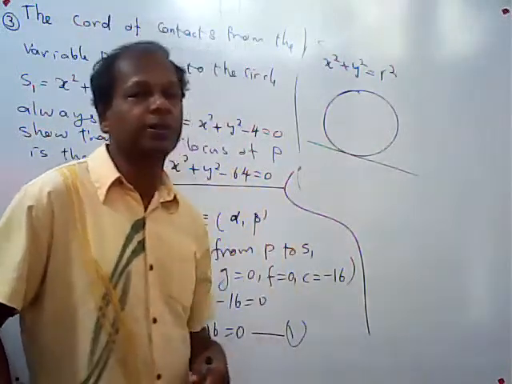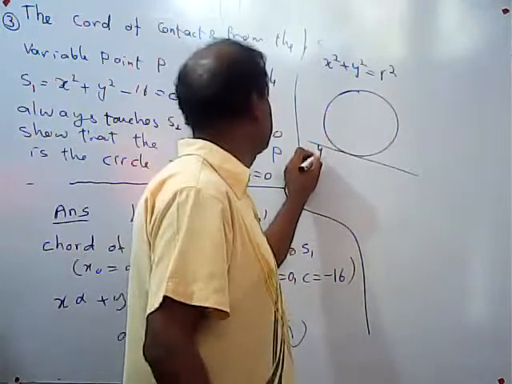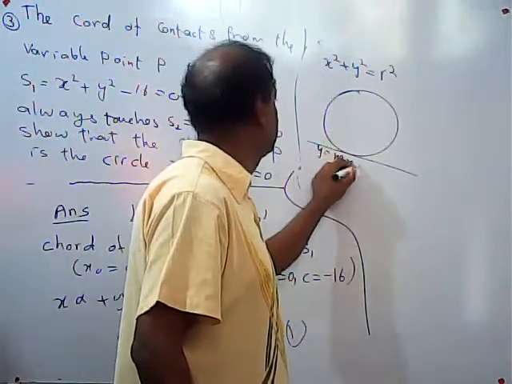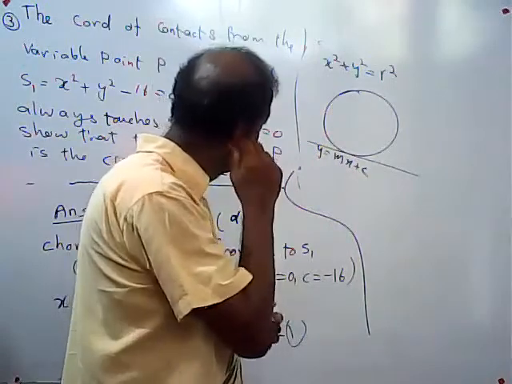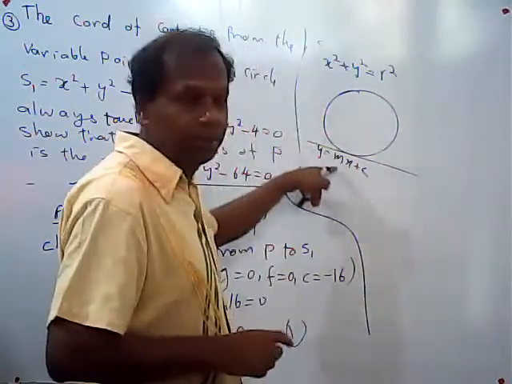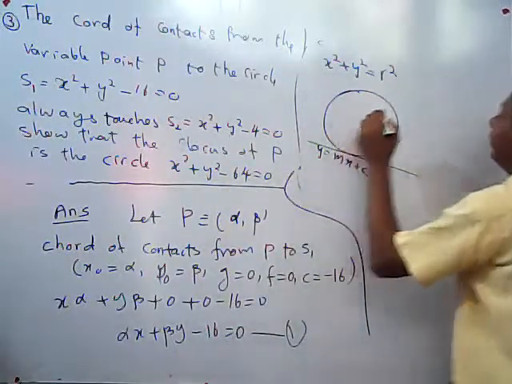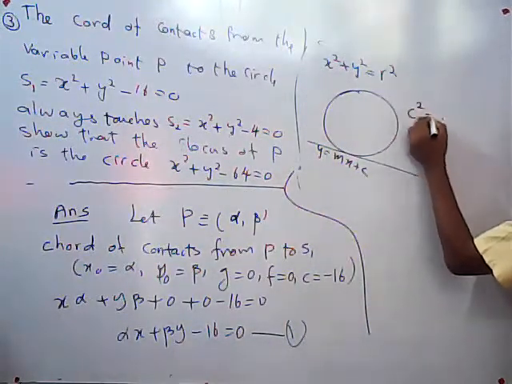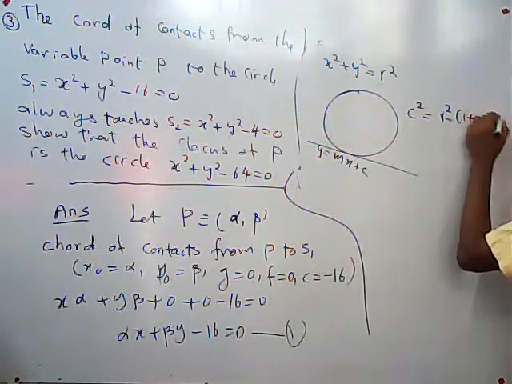We can use that expression because this straight line you can write in the form y equals mx plus c. And the requirement for this straight line to touch the circle, the very first lesson we have seen, is that c square equals r square into 1 plus m square.